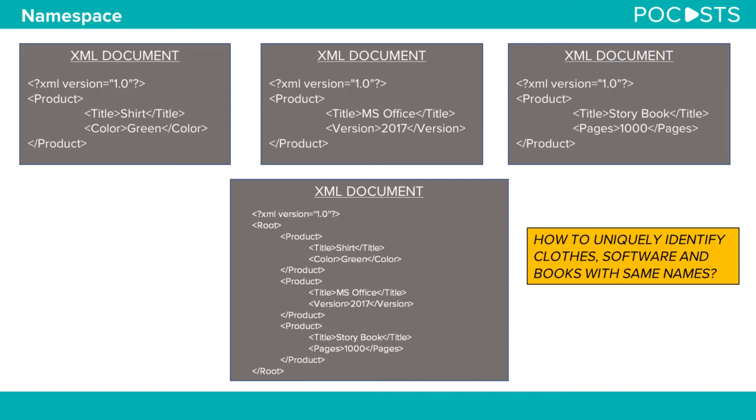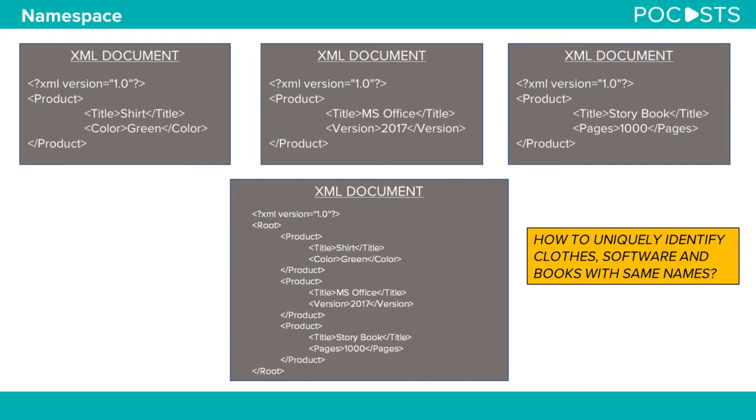And below you can see the complete listing of the XML document. The only differentiation between the three products is that the first product is about clothes, the second is about software, and the third is about books. Now the challenge is when you want to get a value for a t-shirt or get a title.